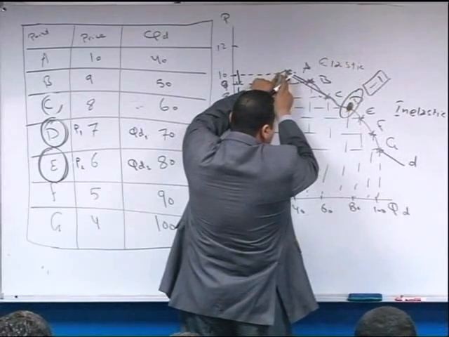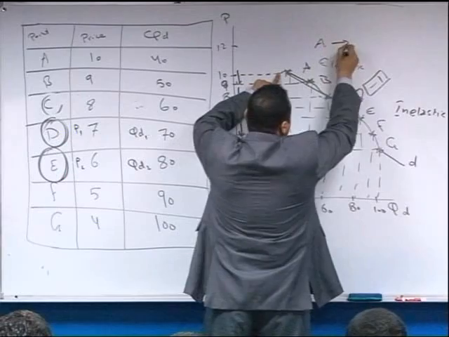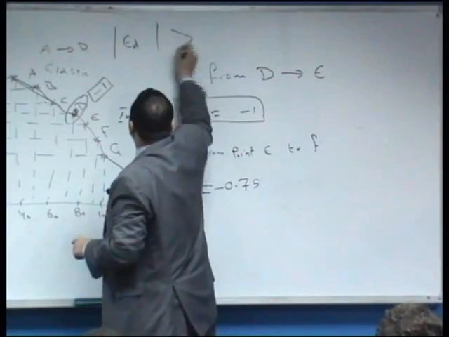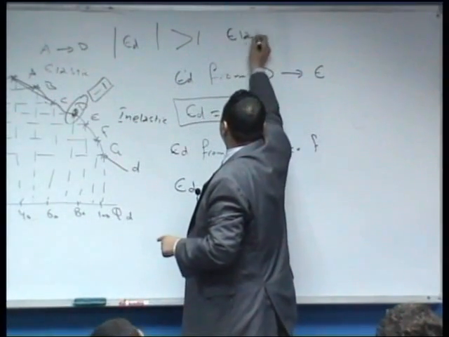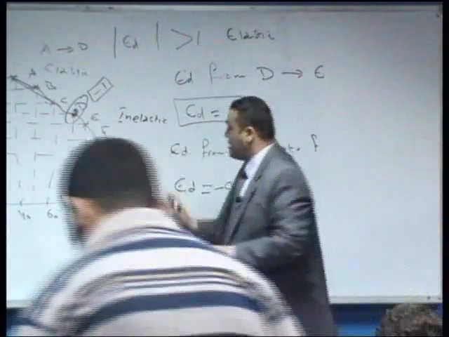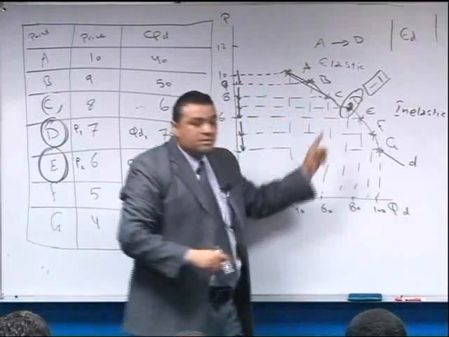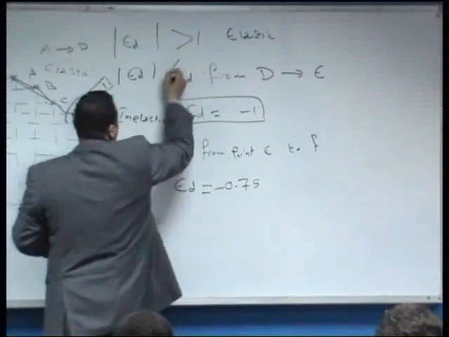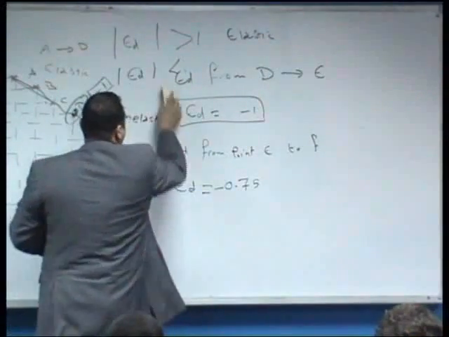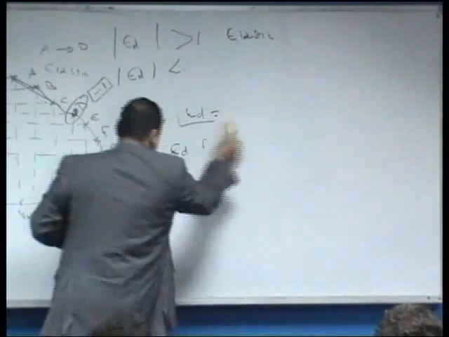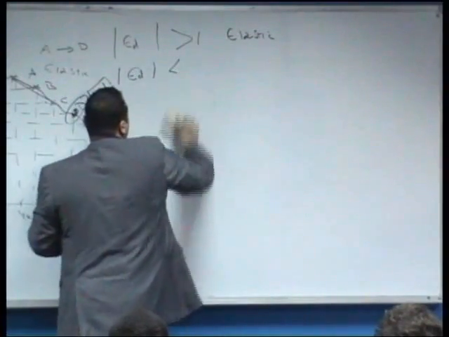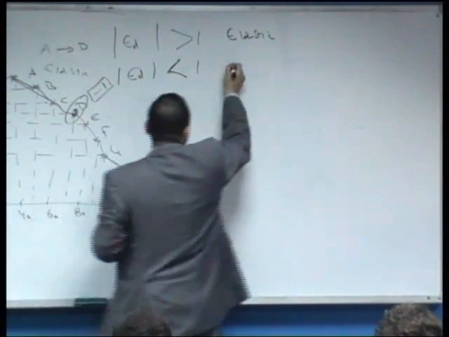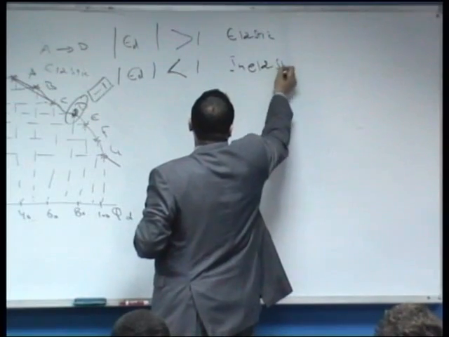From A to D, the absolute value of ED is larger than 1, so it would be elastic. From D to G, the absolute value of ED is smaller than 1, so it would be inelastic demand.